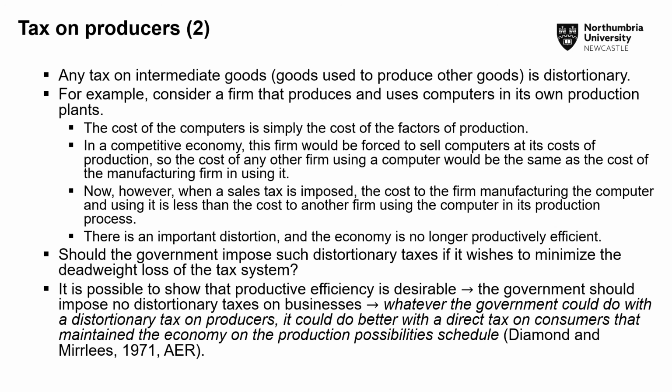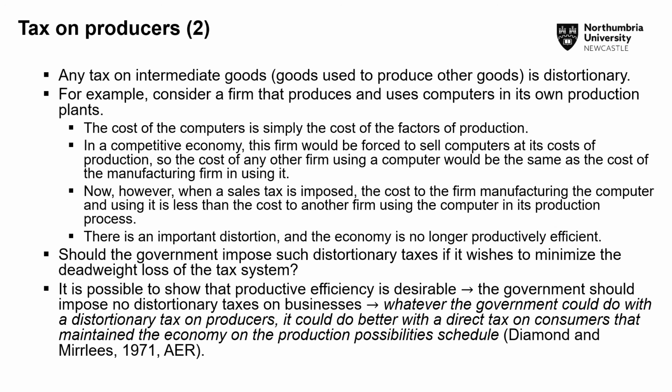So the question is this: should the government impose such distortionary taxes if it wishes to minimize the deadweight loss of the tax system? Well, the answer is that the government should impose no distortionary taxes on business. Whatever the government could do with a distortionary tax on producers, it can do better with a direct tax on consumers that maintains the economy on the production possibility schedule.